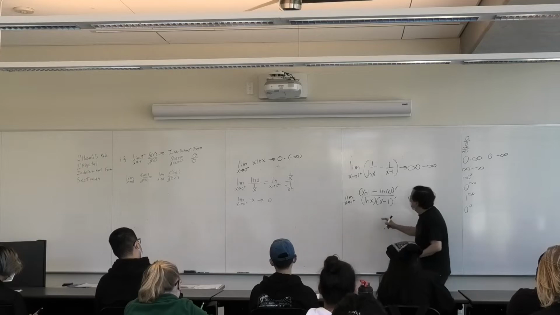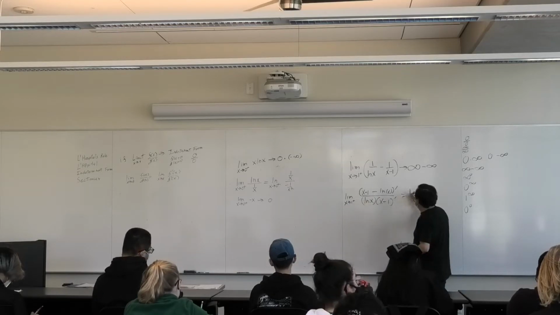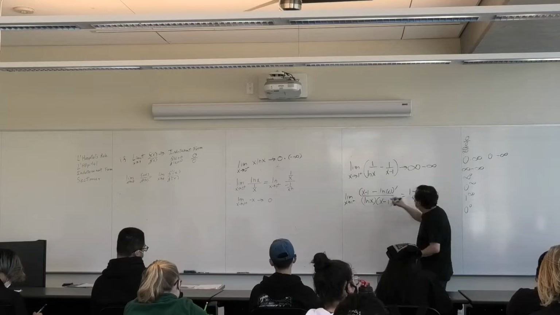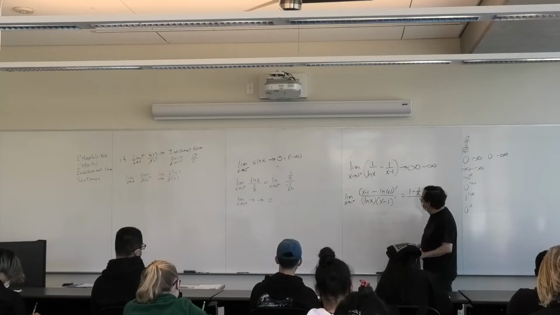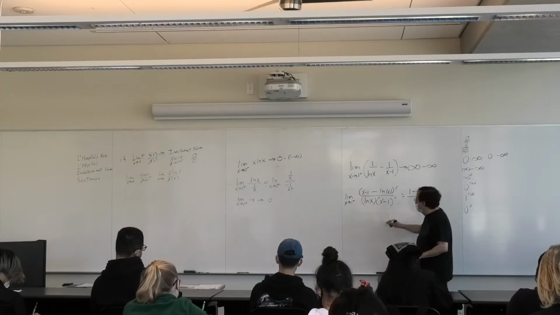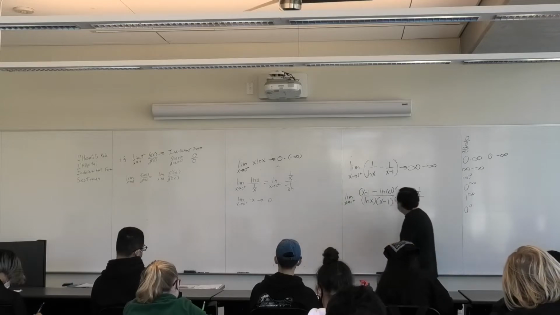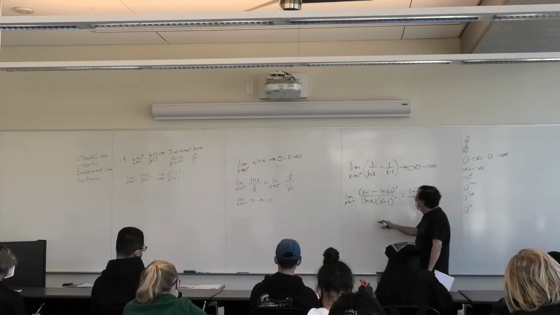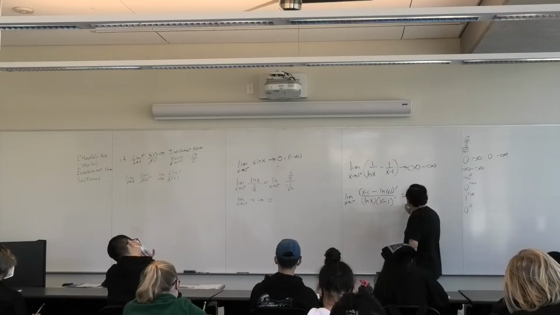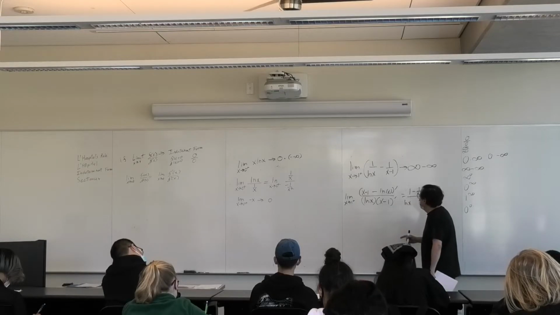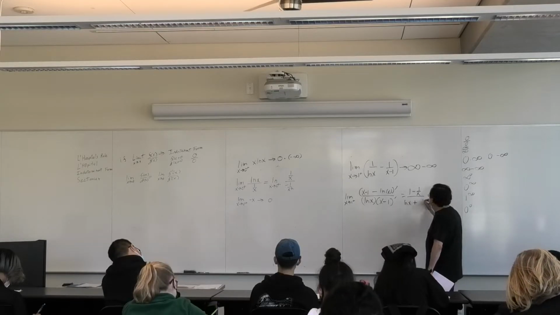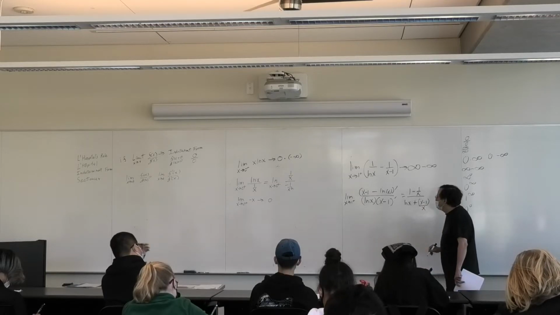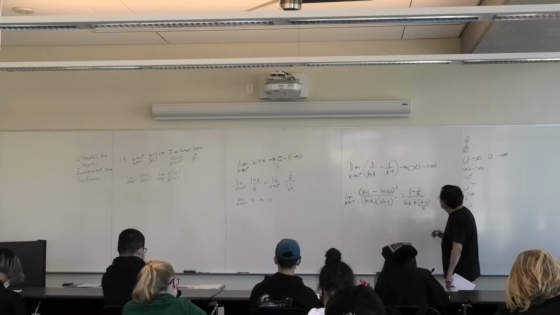So we did this. That's 1 minus the derivative of the log of x. I'm going to have to use the product rule anyway. All right, so log of x times the derivative of x minus 1, that's 1, plus x minus 1 times the derivative of the log of x, 1 over x.